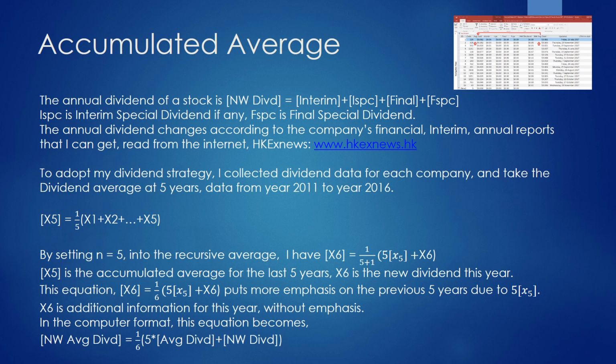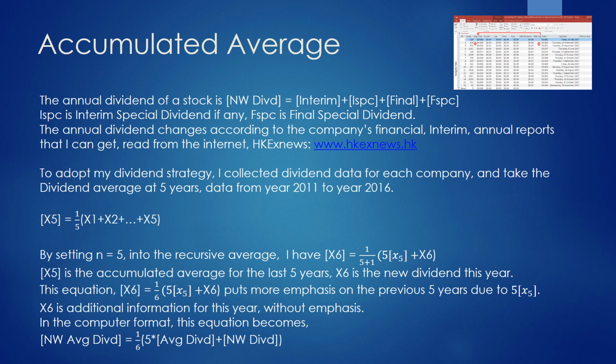To adapt my dividend strategy, I collected dividend data for each company and take the dividend average of 5 years, data from year 2011 to year 2016. Average of x5 equal to 1 over 5 times x1 plus x2 plus ... x5.